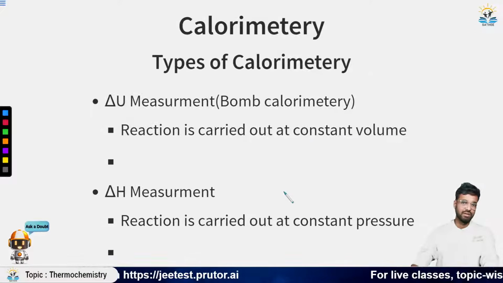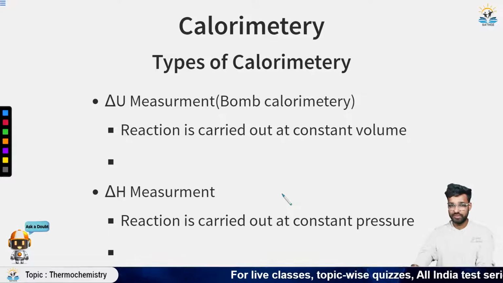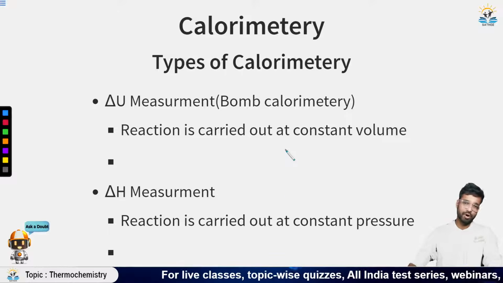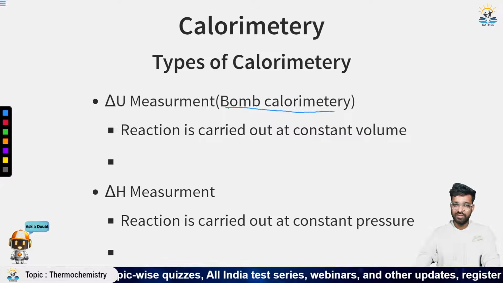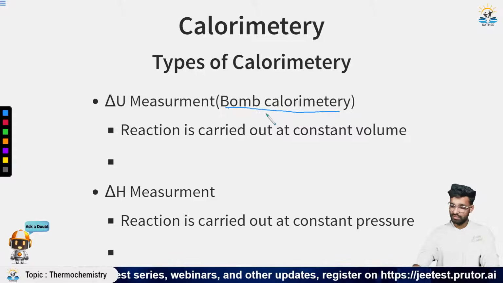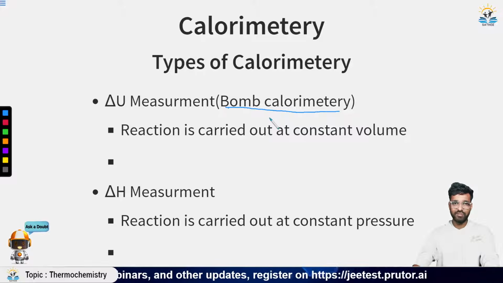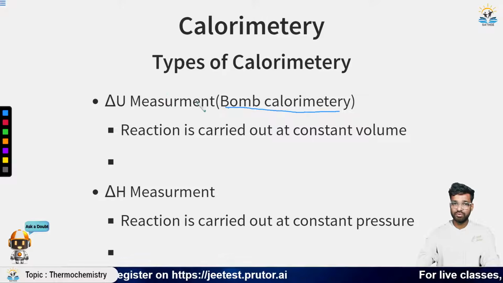So let us take, we have two types of calorimeter. Basically, those who have studied it, the first one is bomb calorimetry. It is a very easy topic to study, it gives you marks very easily if you simply know the formula. So what is bomb calorimetry? Bomb calorimetry is something which has constant volume throughout the reaction.